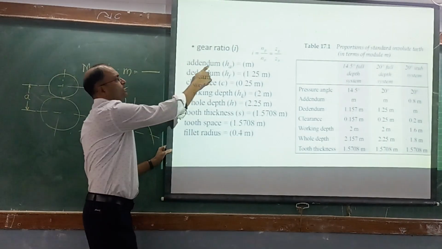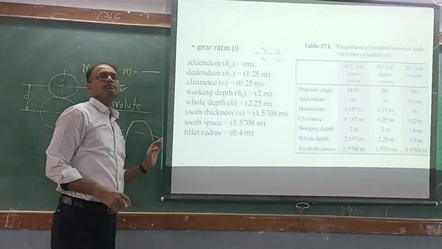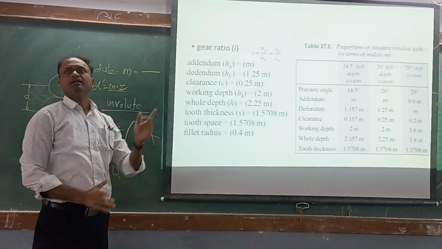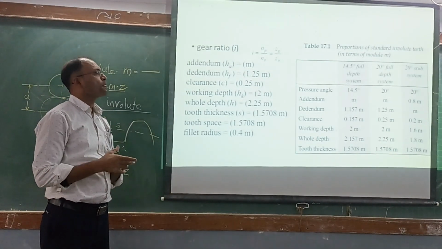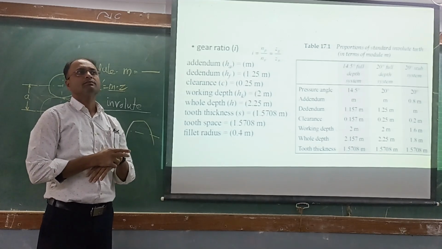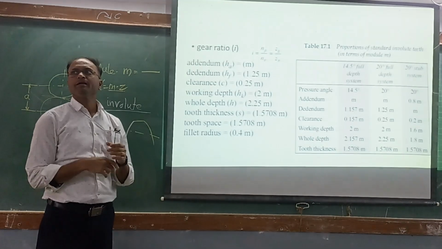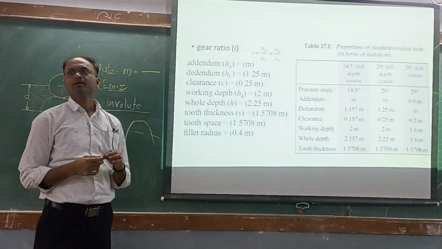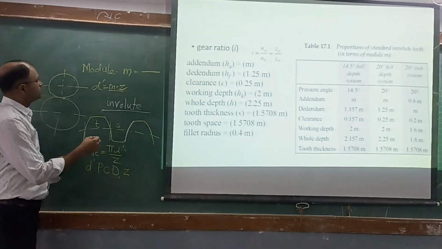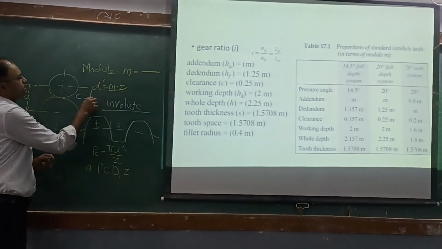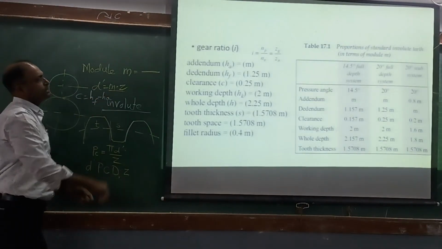So write down addendum HA is equal to module. HF is equal to 1.25 times module. So what will be clearance? Clearance का definition क्या है? Clearance is HF minus HA.